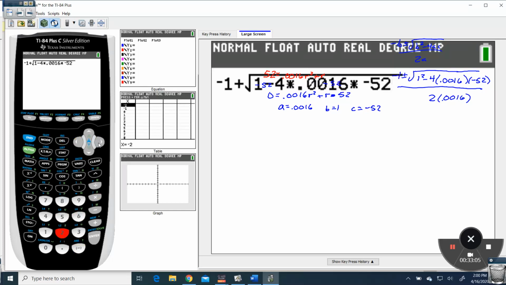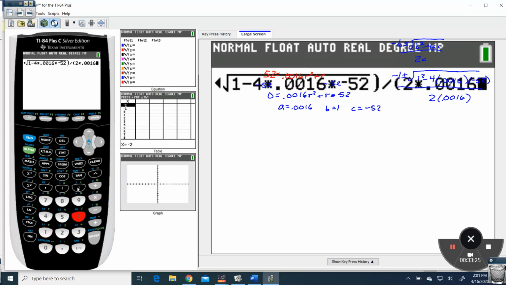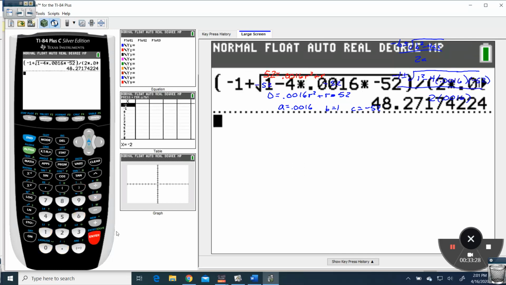I go outside of this. Whoops, I should have parentheses. So I'm going to insert a parenthesis right here. Divided by parenthesis 2 times 0.0016. And hit enter. And it says 48.27.